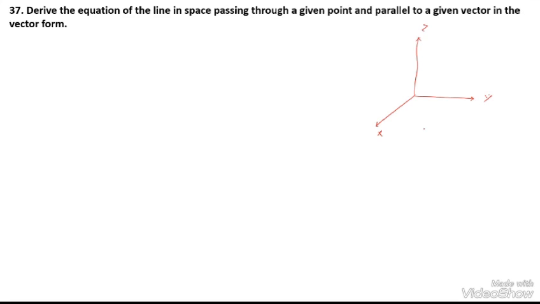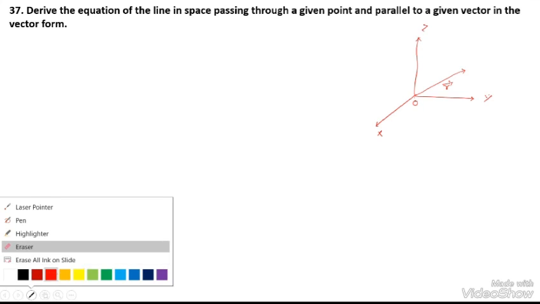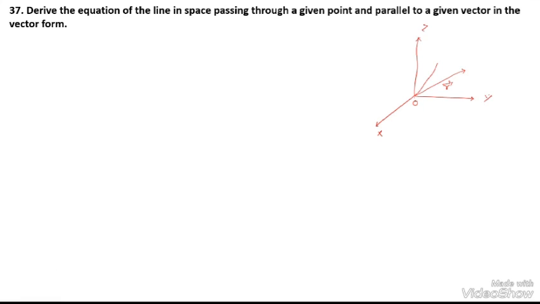Let there be a point, the origin O. Taking the vector here, that is the position vector r. And again I can draw a point, that is A. Now I can join, I can take a small line.